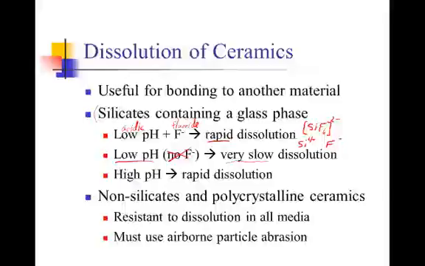If we go to high and alkaline pH, then we again get rapid dissolution, but this is rarely encountered. It's not encountered in the human body, and it's rarely encountered in chemical processing in the laboratory. So this situation is not common at all.